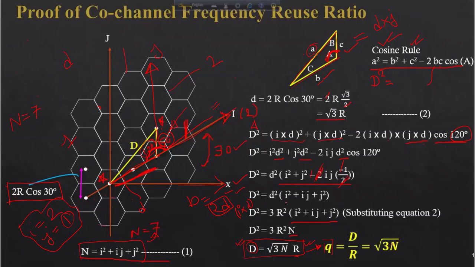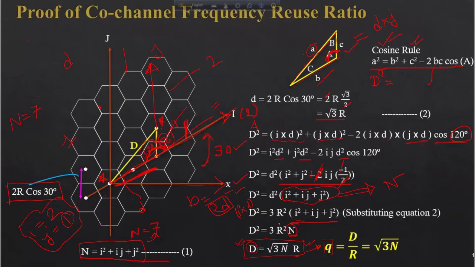So we are having I square plus I J plus J square. If we observe, this expression actually represents the value of N. N is equal to I square plus I J plus J square. So we are substituting this expression with capital N.